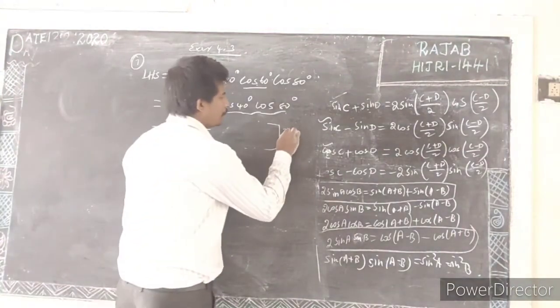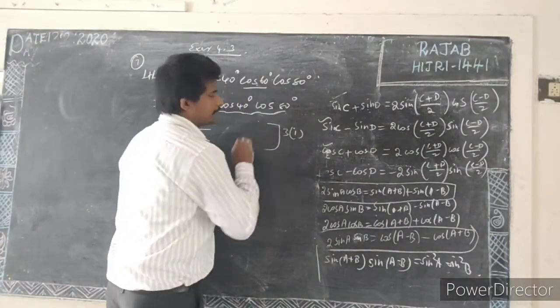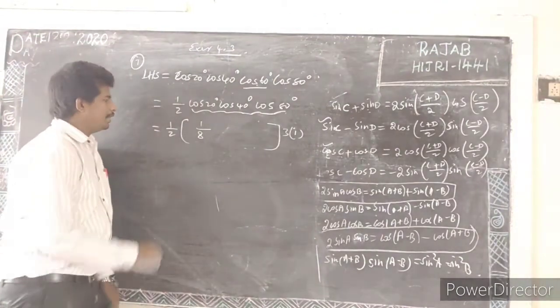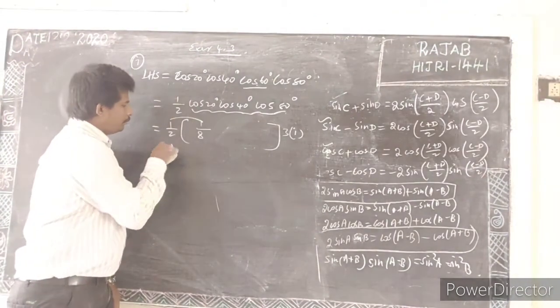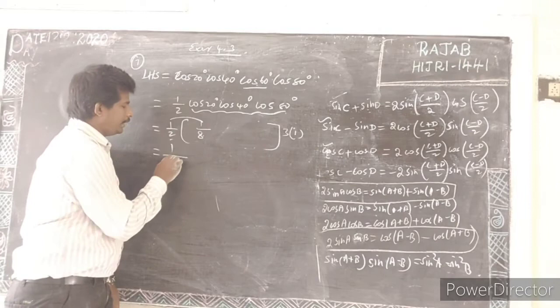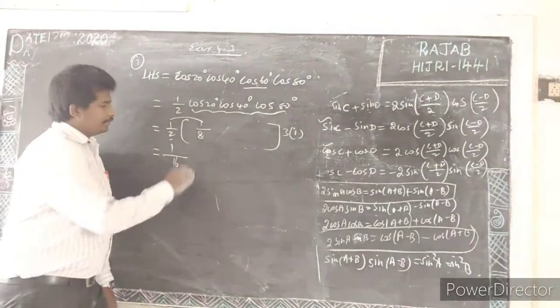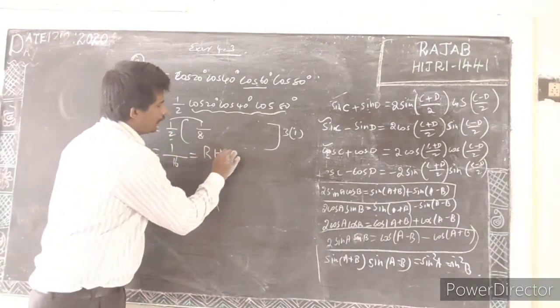You can refer the problem number 3, the first one. Okay, so this is equal to 1 by 2 into 1 by 8, 1 by 16. We got our required RHS.